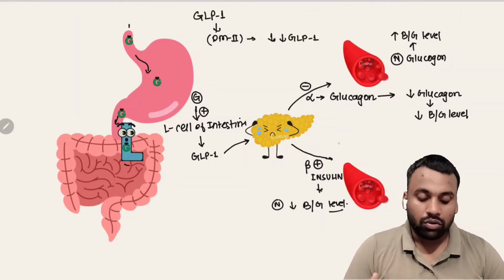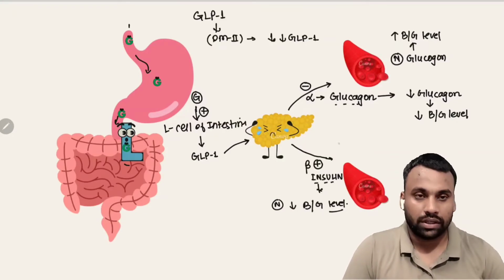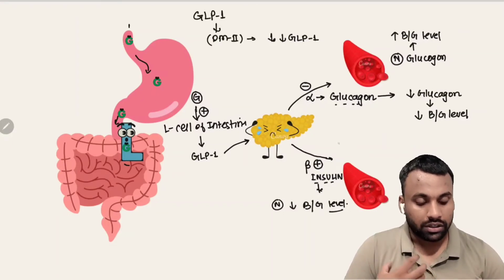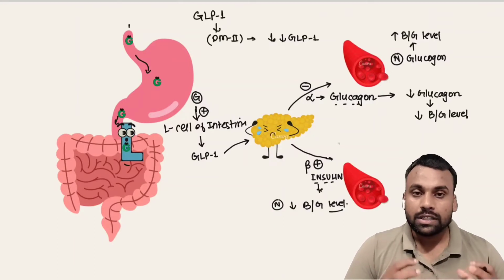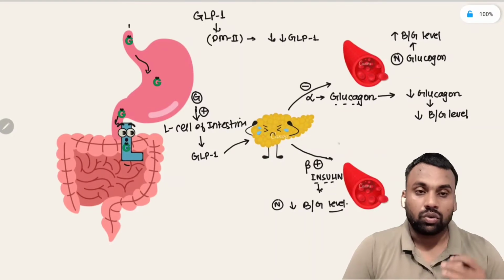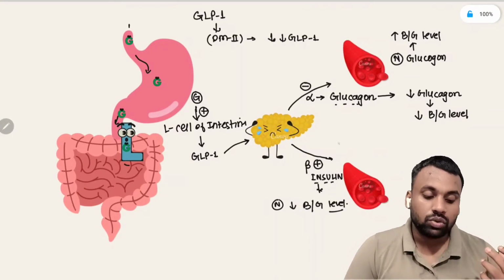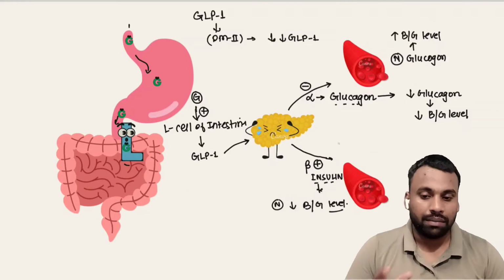If there is a low amount of GLP-1, there will be no activation of insulin or no inhibition of glucagon. Decreased insulin or no inhibition of glucagon is responsible for increasing the blood glucose level, and this increase in blood glucose level is the problem of diabetes mellitus.